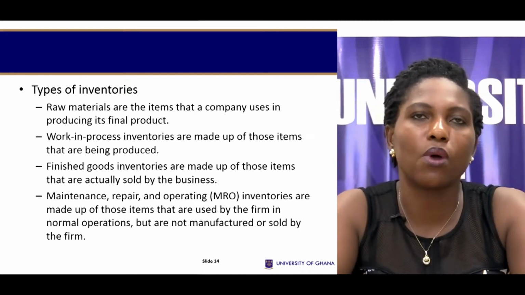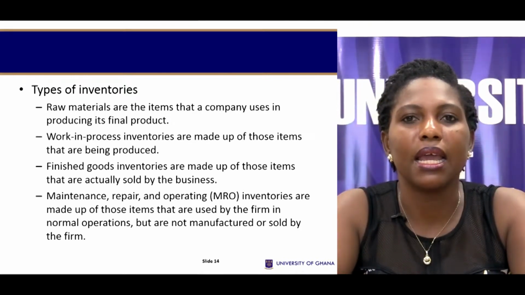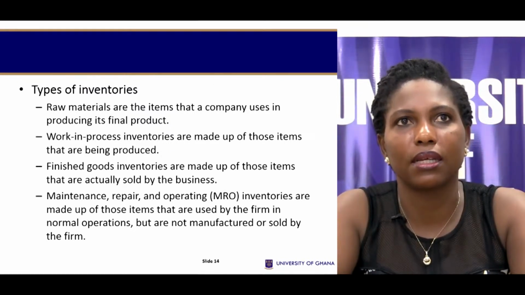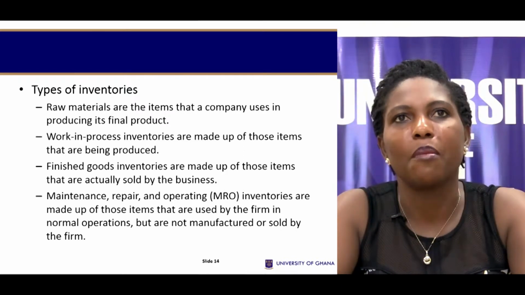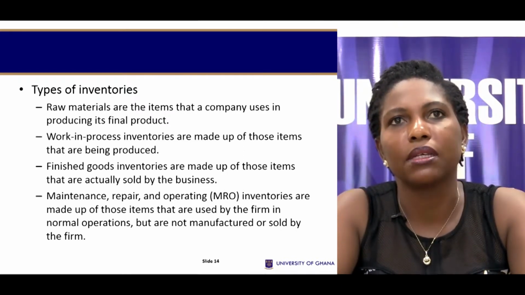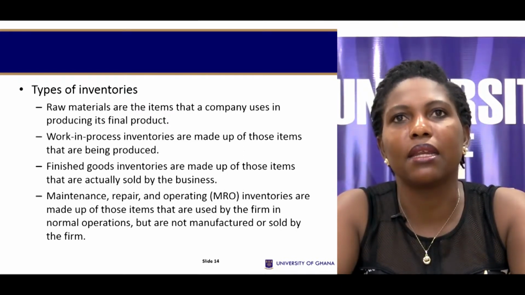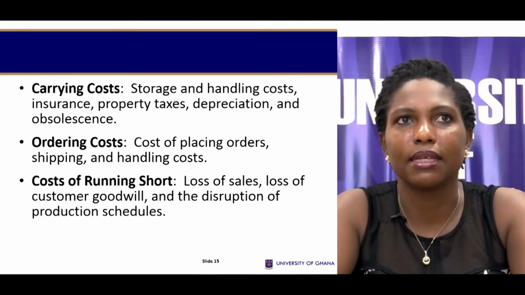Keeping the relevant quantum of such items is very critical to the success of any business, because every business that is selling something must have the right amount in stock at the right time and in the right quantum in order to be able to generate sales.